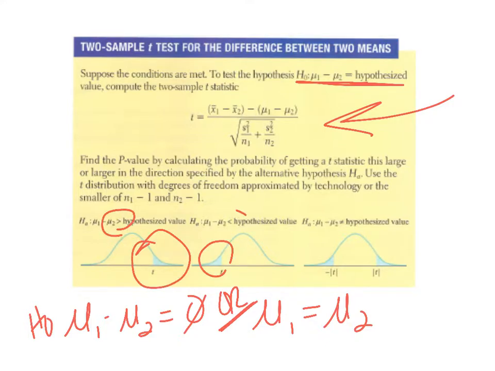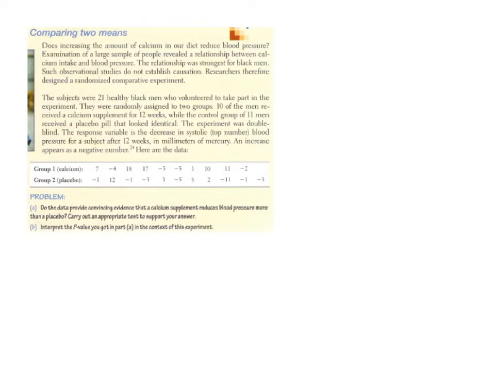To the left, our alternative hypothesis is less than. And both sides, remember, is when our alternative hypothesis is does not equal. We're going to work a little bit more with interpreting the p-value because we're still not quite getting that. Then we're going to have our degrees of freedom, which will be given to us when we go through our calculator work.